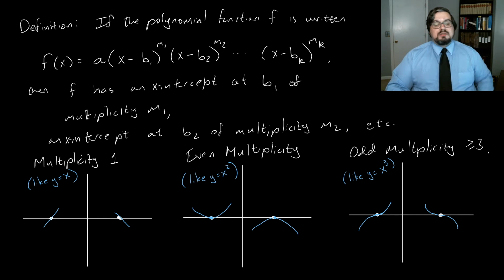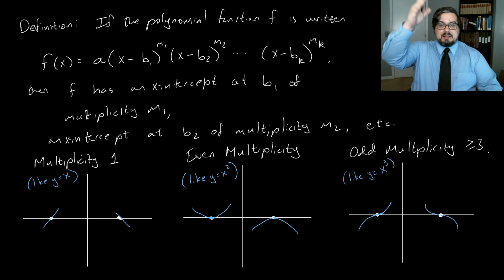So these are the three different kinds of intercepts that a polynomial function can have. It can either go straight through with multiplicity 1, it can come down, touch the x-axis, but then bounce off if that intercept has even multiplicity, or it can have an odd multiplicity where the graph comes up, touches the x-axis, flattens out, but then keeps going in its same direction.